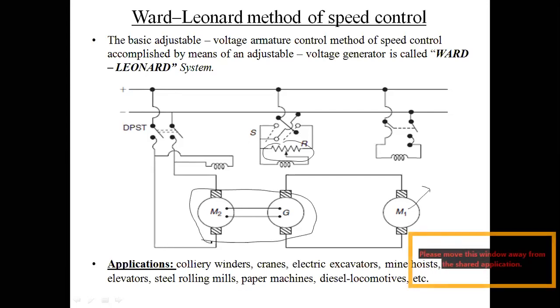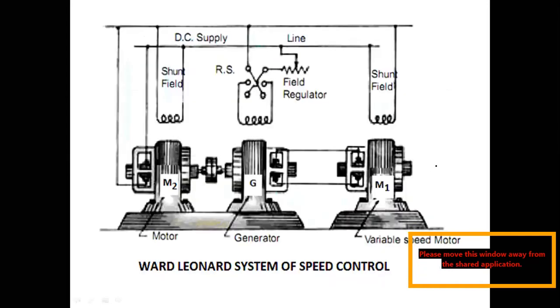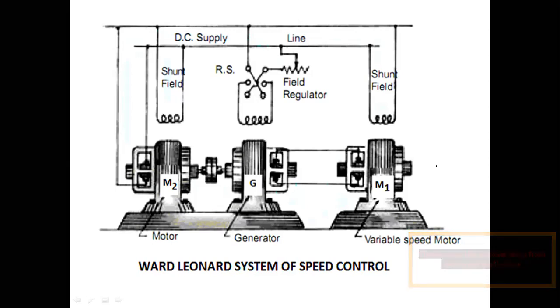I would like to show this figure to understand easily how the connections are made on the industrial side. Let me show you. This is a system where you can easily understand how the connections are to be made to control the speed.